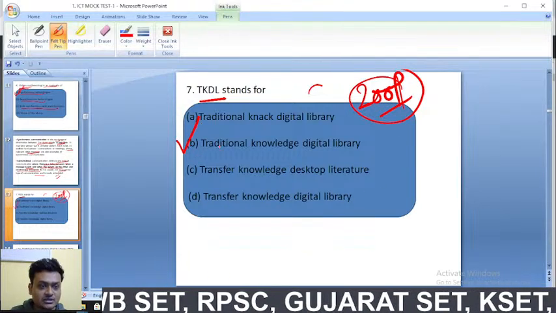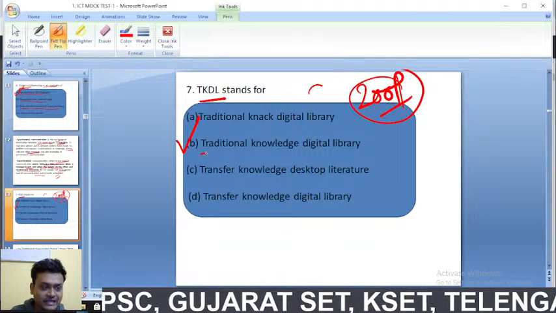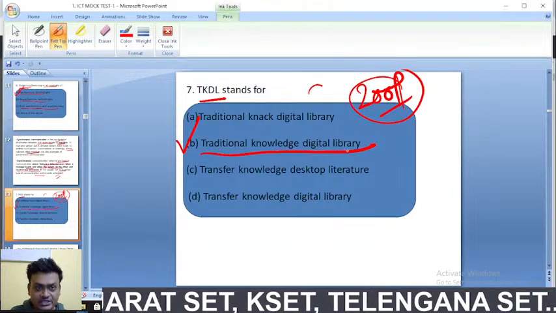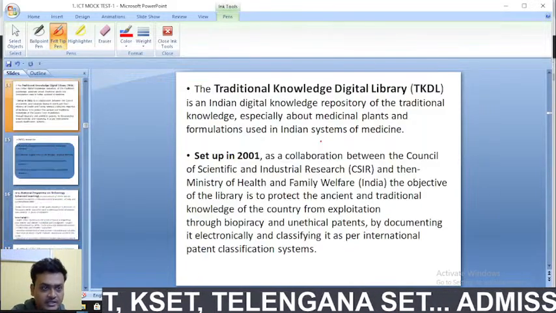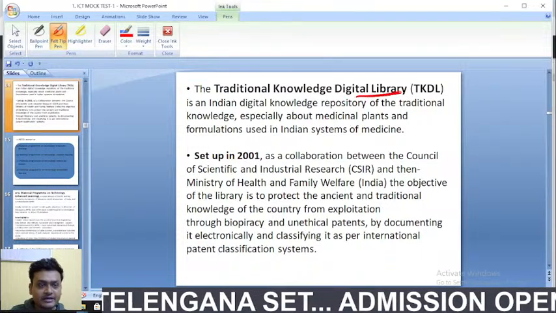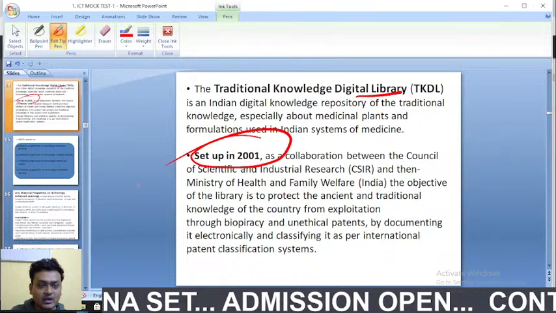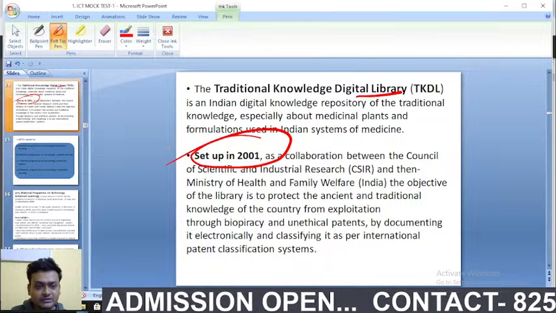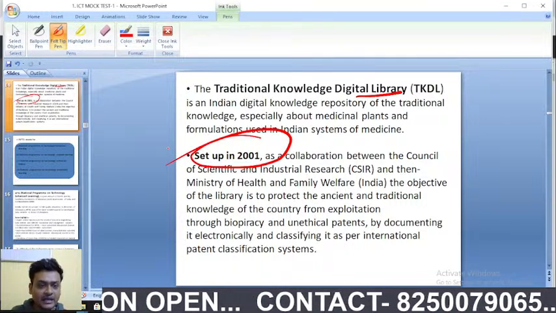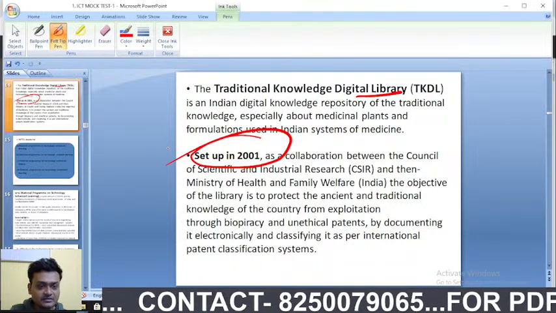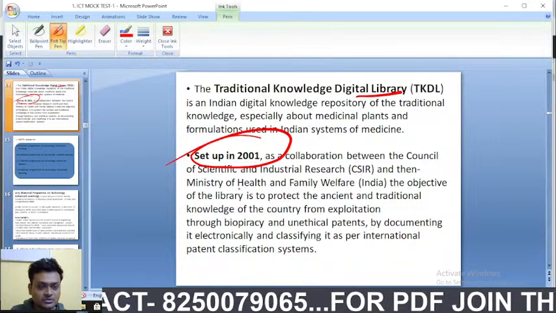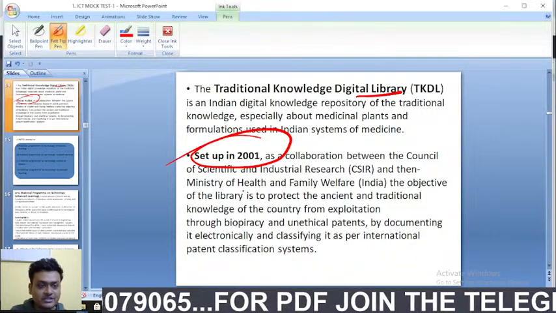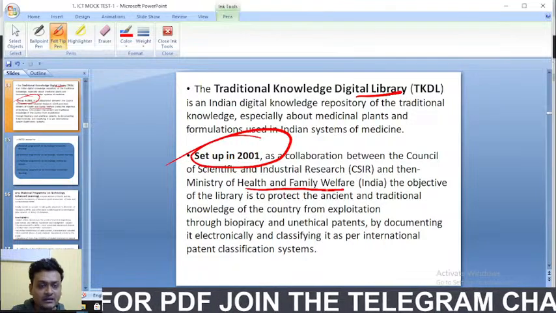Traditional Knowledge Digital Library is TKDL, exactly, set up in 2001. Collaboration between CSIR and MHRD. So no, sorry, it was the Ministry of Health and Family Welfare, India.